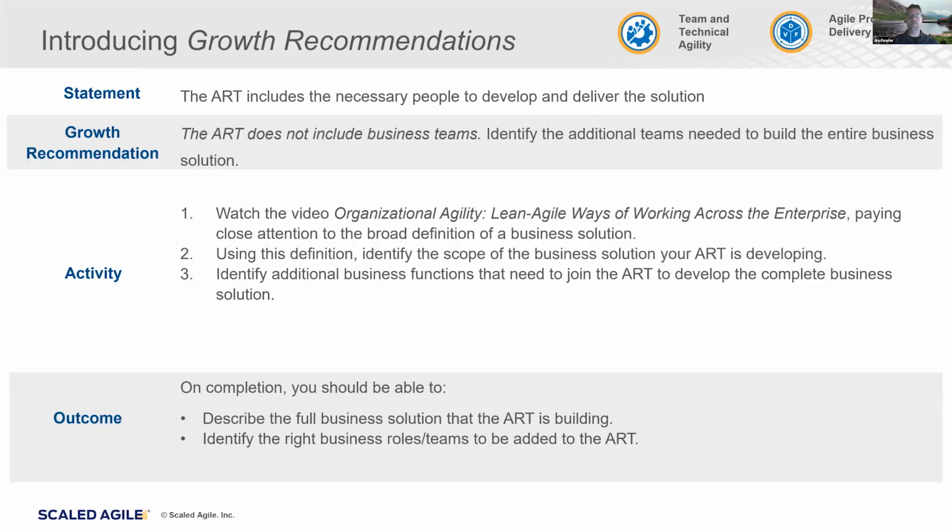And then finally, as a wonderful part of Comparative Agility, we have the ability on several of the assessments, such as the team and technical agility and the agile product delivery, built into the tool. It will actually extract and give you growth recommendations, so you don't have to come up with all of them on your own.